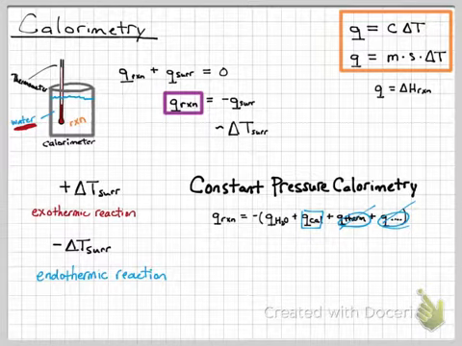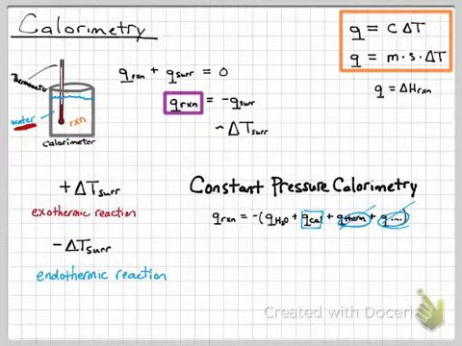So even though we don't have a perfectly isolated system, we make some assumptions to get it to be a little easier to do the calculation. So now we have heat of the reaction is essentially heat going to be measured by the heat exchanged to the water.